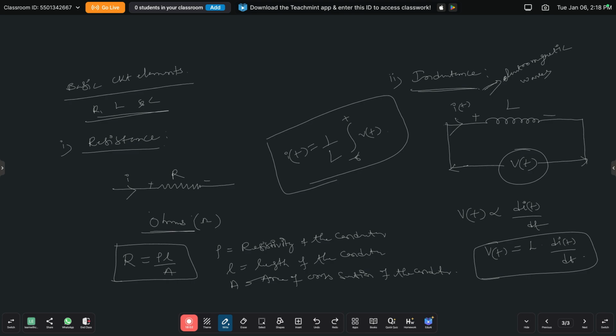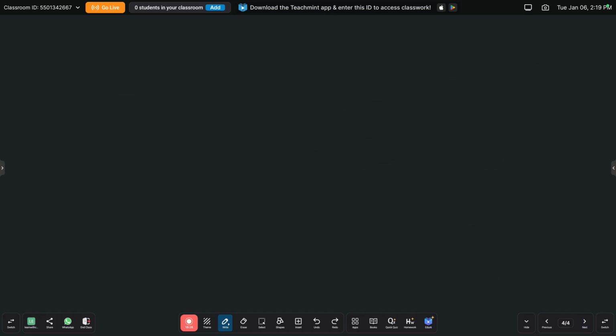By removing this proportionality we get a constant, that is V of t is equal to L into di by dt. If the value of V of t is already known, then we need to find the value of I of t. I of t can be found using the formula 1 by L integration from minus infinity to t of V of t. So this is the second basic circuit element, that is inductance.